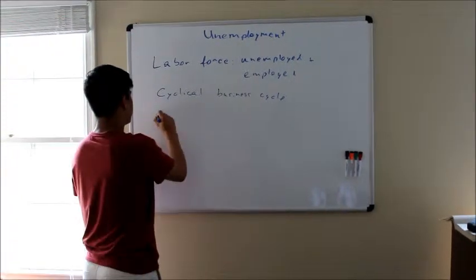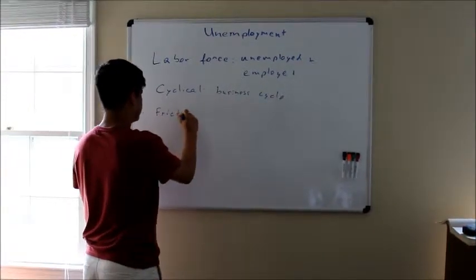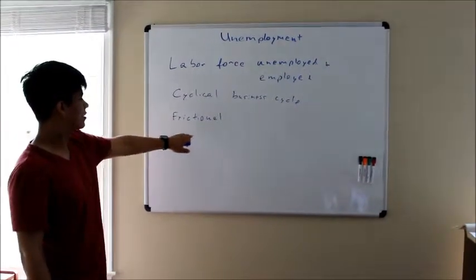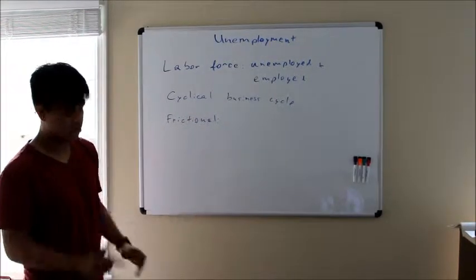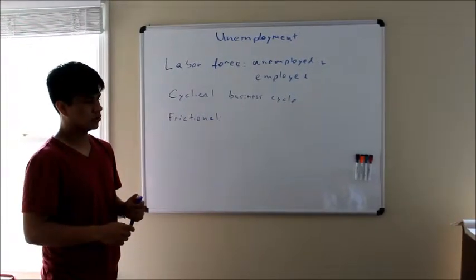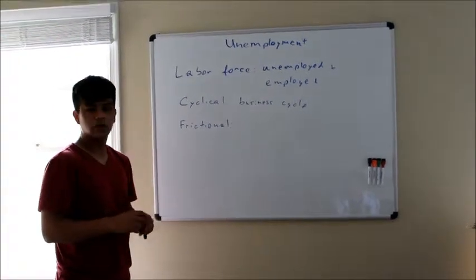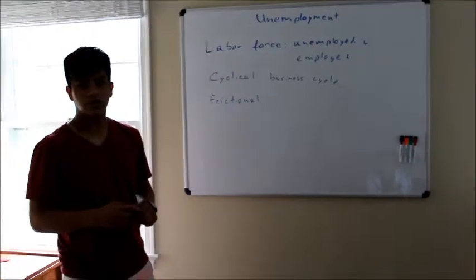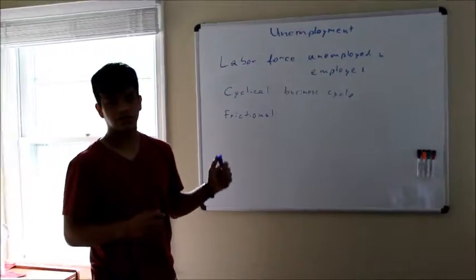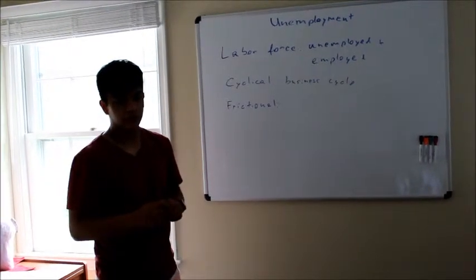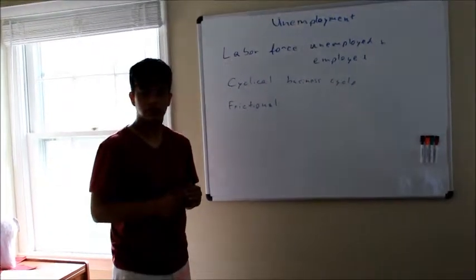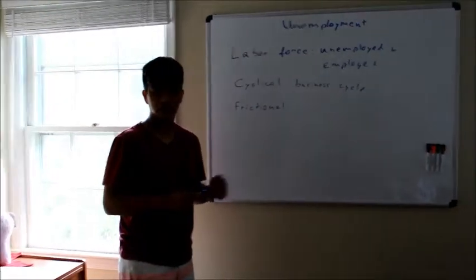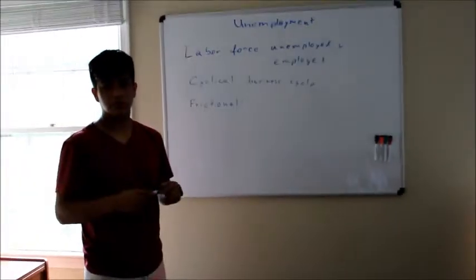Okay, so frictional is one of the unemployments that you can't really get rid of because it's always occurring in the economy. For example, frictional is seen when college students get out of college and they're looking for jobs. They don't get a job right away. They take their time to get a job because they're looking for their best options.